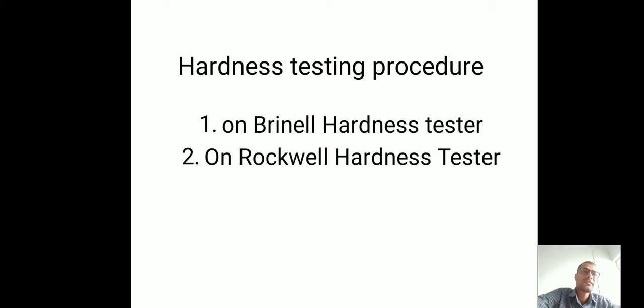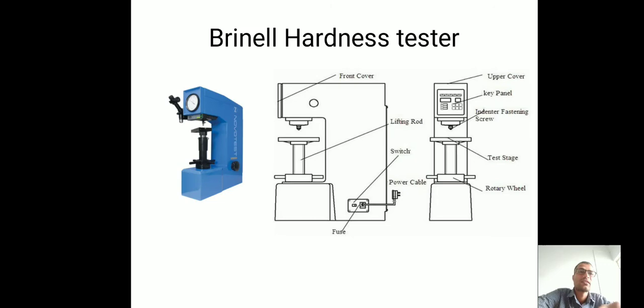In our syllabus, these are the two equipments with the help of which we have to check the hardness of any material. In today's lecture, we are going to discuss how we can check the hardness of any material with the help of the Brinell hardness tester.